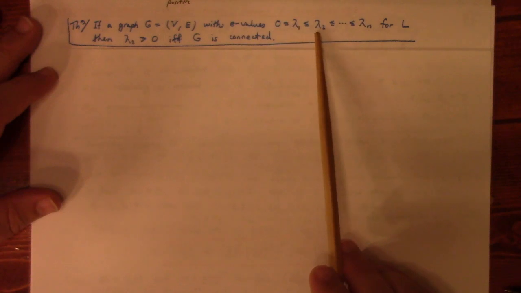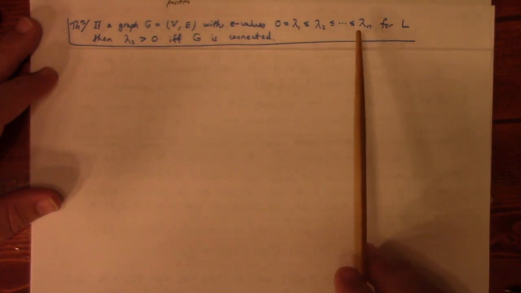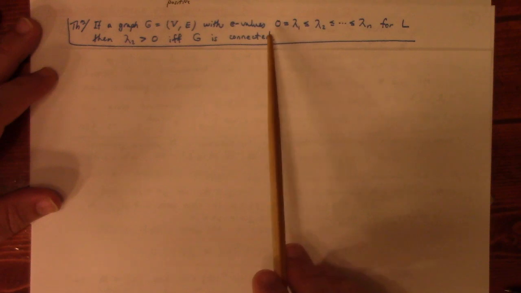So if we have a graph with eigenvalues 0 equals lambda 1 all the way out to lambda n for L. And again, we've already proved that 0 is an eigenvalue for the 1, 1, 1, 1 vector. Then lambda 2 is positive if and only if G is connected.